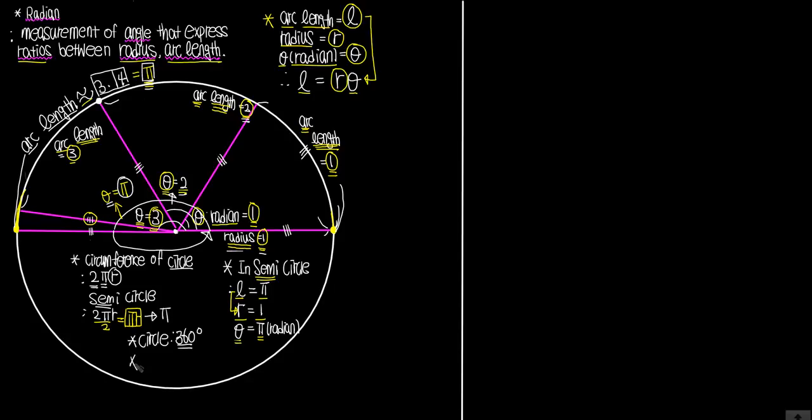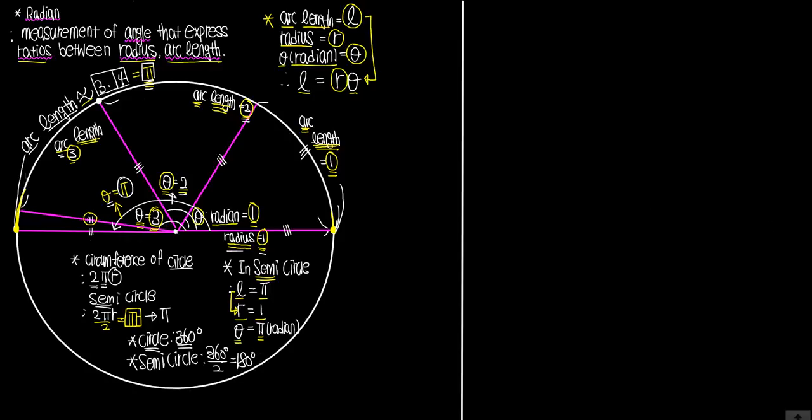But we are thinking in terms of the semicircle. So what will the semicircle's central angle become? The total semicircle central angle will be this big white line. Well, this will be half of the circle, which is 360 degrees divided by 2, which is 180 degrees.